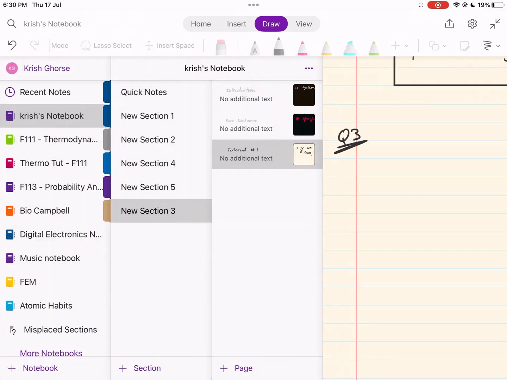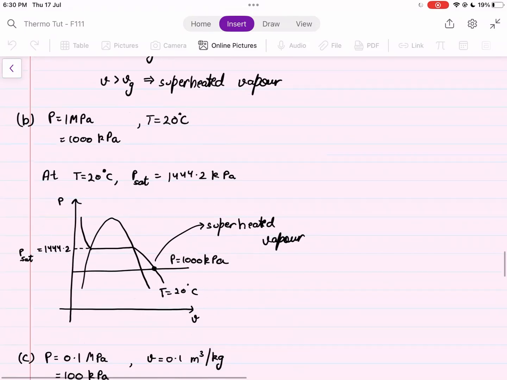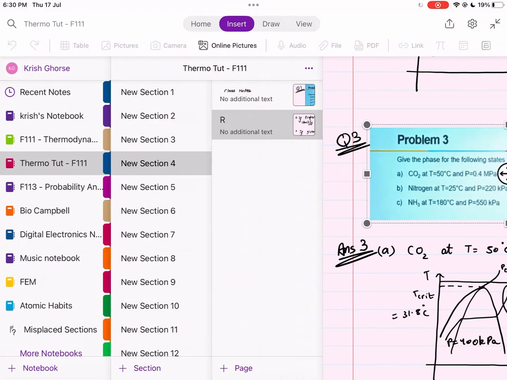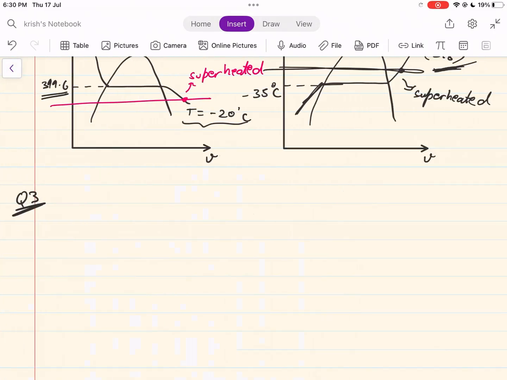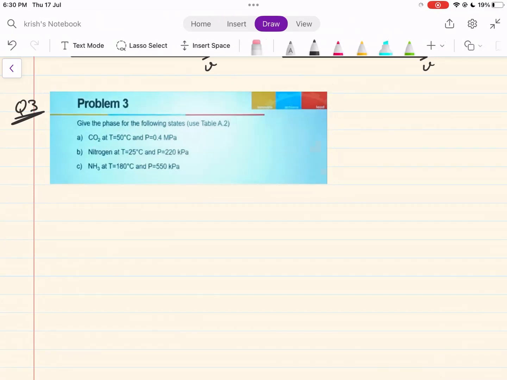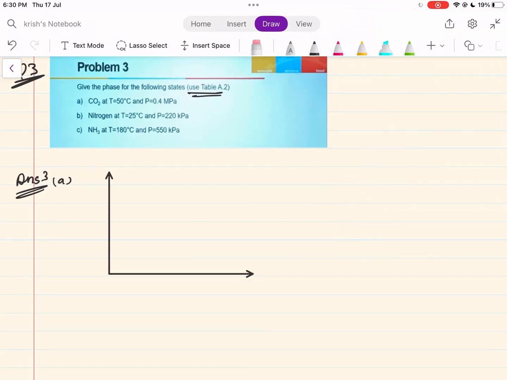Last question. The thing to note here is it is telling us to use table A.2, which is a critical pressure and temperature table.